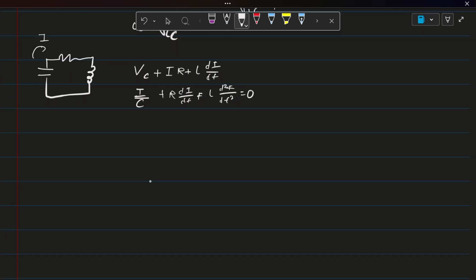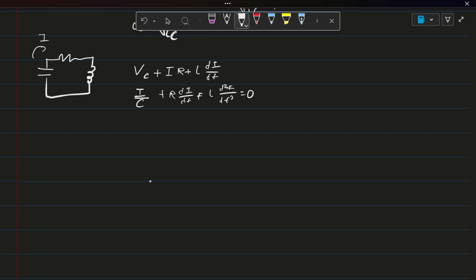Now the way that you would actually solve this equation is also by using the same idea. We could guess the solution, or maybe from the real world perspective, it is assumed by using characteristic polynomials and then figuring out if it is underdamped, overdamped, or critically damped.